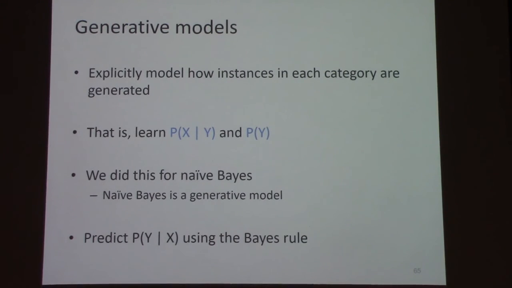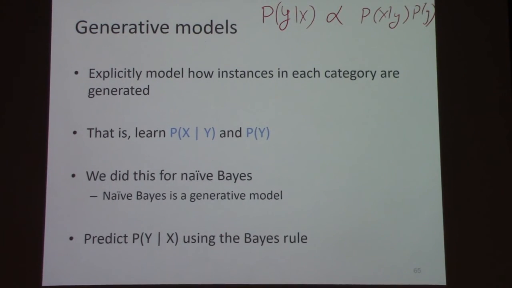A completely different way of thinking about it is something that we just saw with the naive Bayes classifier. I want to predict the probability of y given x. But Bayes' rule tells me that this is actually proportional to the probability of x given y times the probability of y. So instead of learning the prediction rule in the generative model, we learn the story of the data.